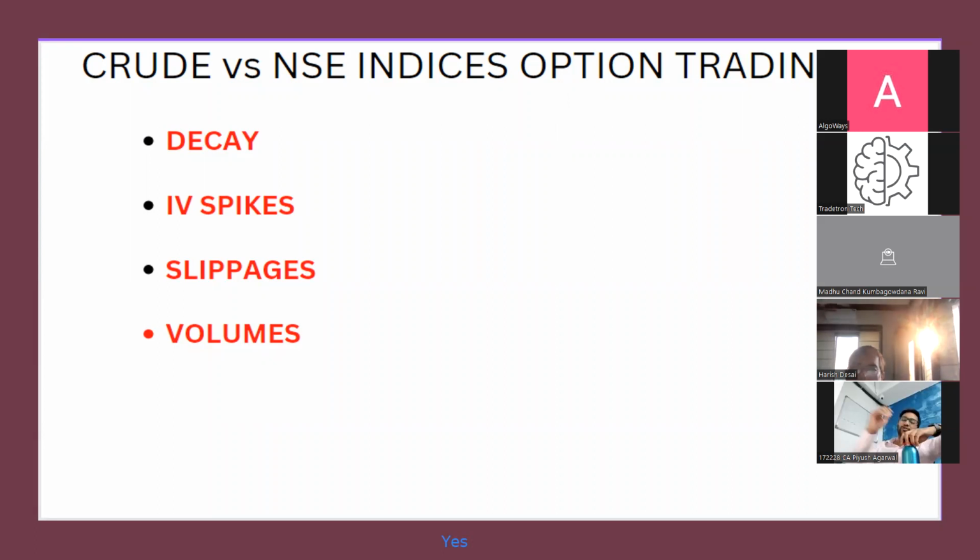Similarly, IV spikes. In NSE, like yesterday itself, we can take the example on expiry, when the market falls or rises very quickly. Suppose in yesterday's example, we sold CE and PE, and when the market fell suddenly, the PE spiked a lot. So IV spikes are much more prevalent in NSE than in MCX. Yesterday, the put option premiums increased drastically, but the crude oil option did not, to manage or compensate the premium increase in PE.